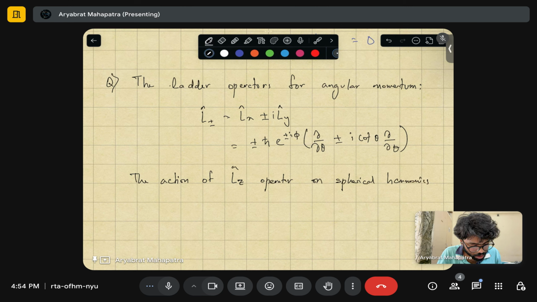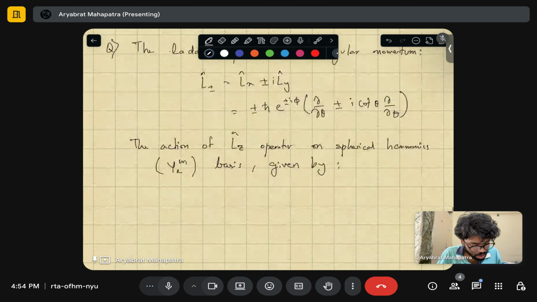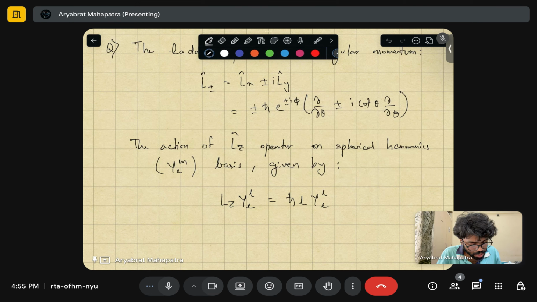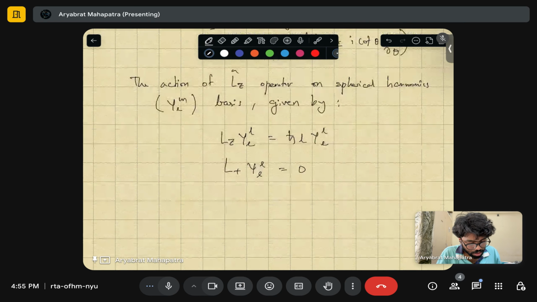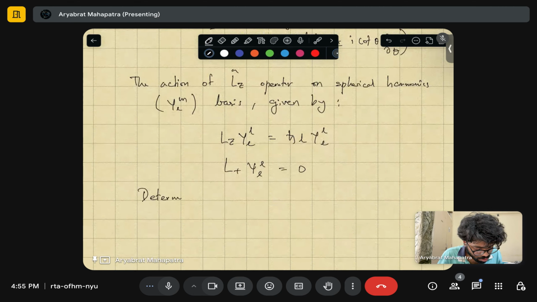Spherical harmonics means basically YLM, which is a function of theta and phi. Given that LZ YLL equals h bar L YLL, and L plus YLL equals 0, then determine YLL theta phi up to a normalization.